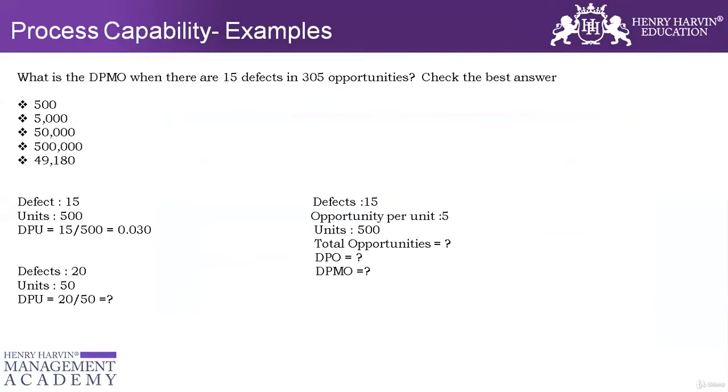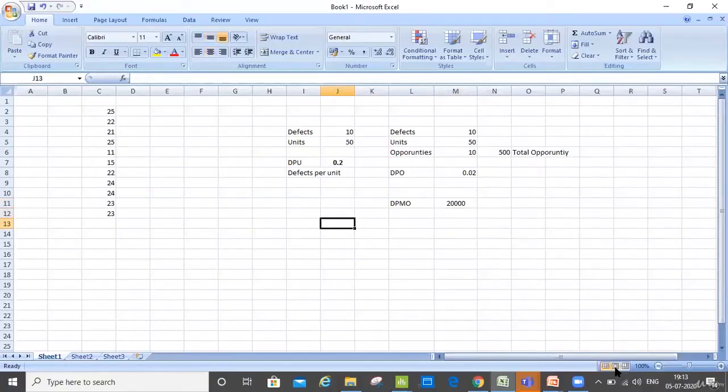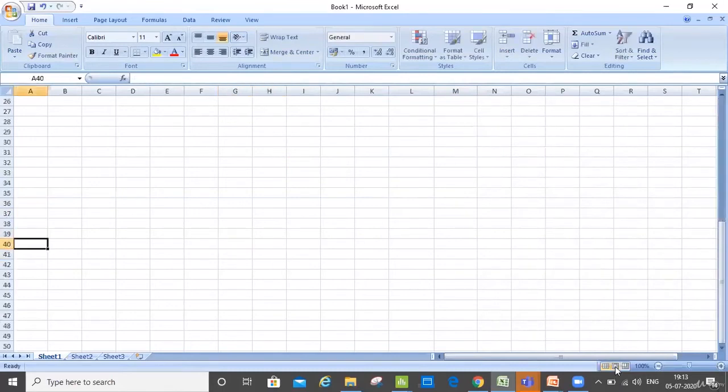So I have certain examples which I want to give you, and I want you to calculate them. Let's see what answers we get. So let's say, please calculate DPU and DPO both. Defects are 15, units are 250.